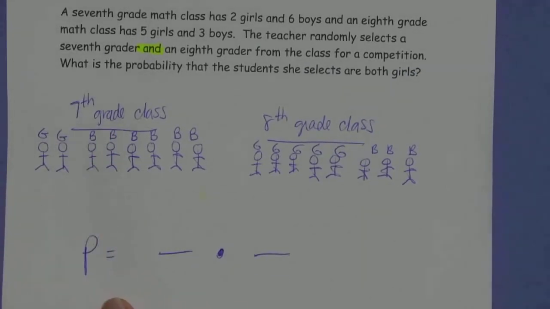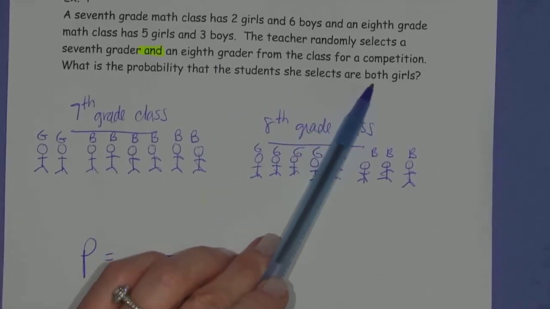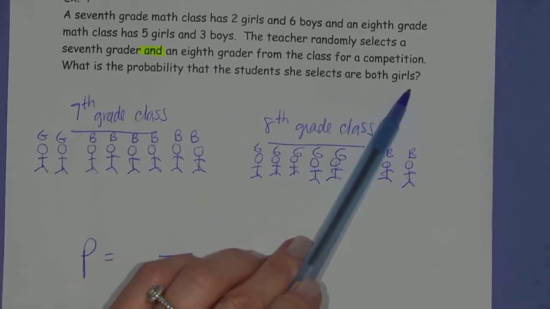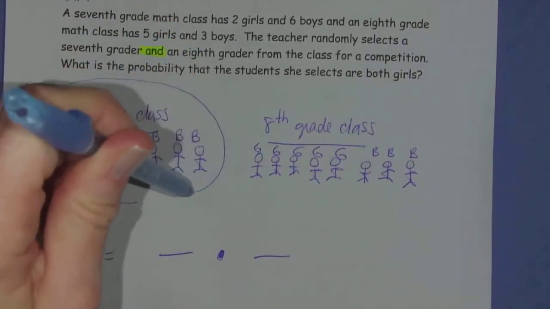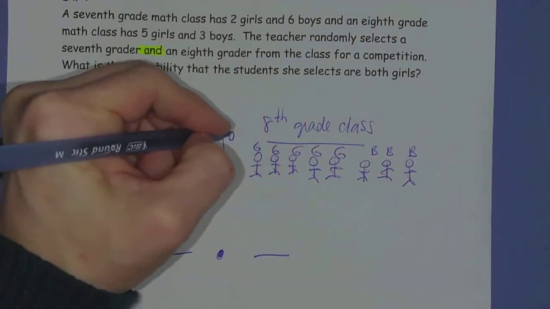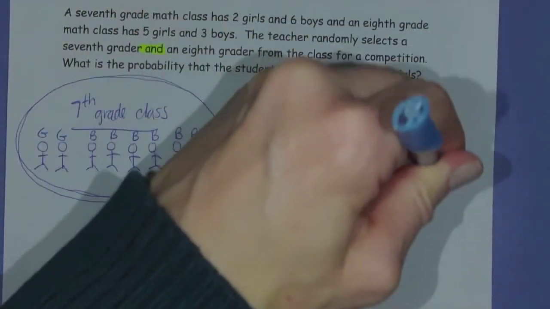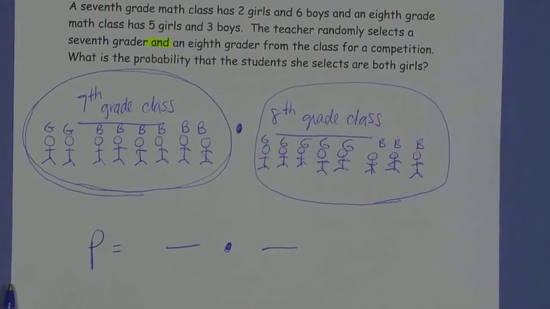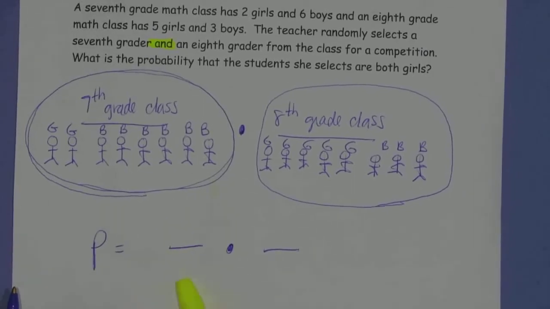What is the probability that the students she selects are both girls? So we're going to take the probability of choosing a girl from this class and multiply it by the probability of choosing a girl from this class. So we have to do favorable over total.